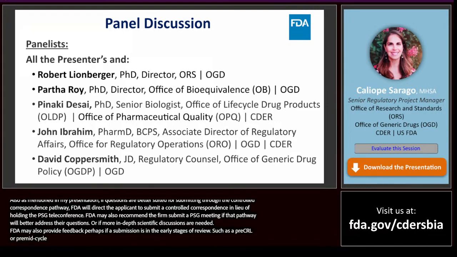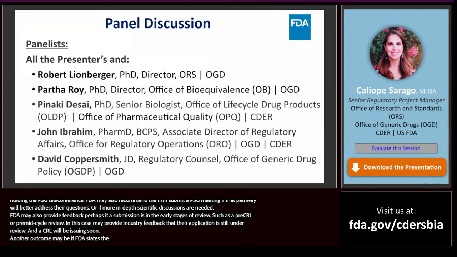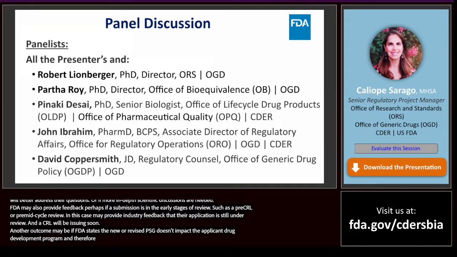In this case, FDA may provide industry feedback that their application is still under review and a CRL will be issuing soon. Another outcome may be if FDA states the new or revised PSG doesn't impact the applicant's development program, and therefore future communication with FDA on this issue is not recommended. Thank you.